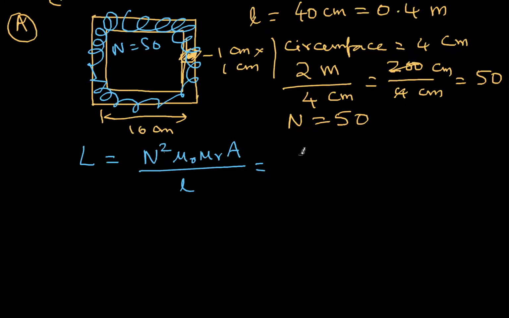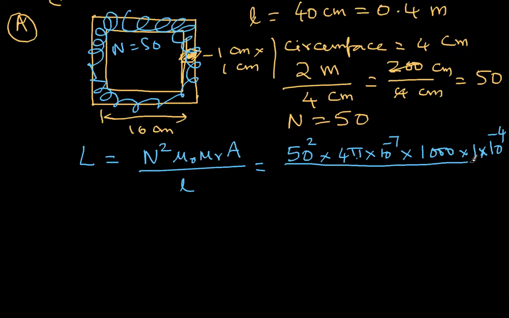So N square, that is 50 square, into mu naught, 4 pi into 10 power minus 7, into mu r, that is 1000 given in the question, into cross section area. The cross section area is 1 centimeter square, so I will say 1 into 10 power minus 4 meter square. Whole of this divided by the total length of the core, which is 0.4 meters.